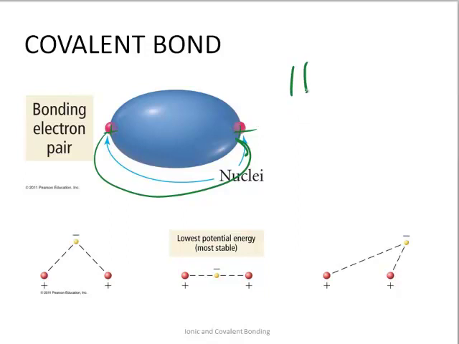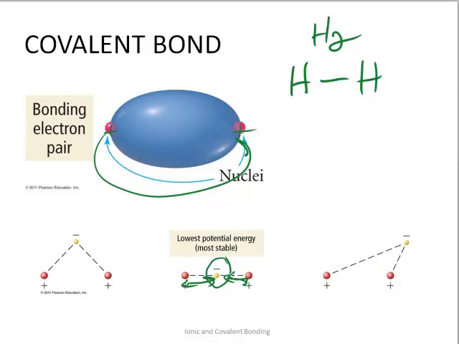So let's say this is a hydrogen molecule, H2. The 2 hydrogen nuclei would repel each other, but they have a shared electrostatic attraction for the electrons that they both share. This atom's attracted to the electrons, this atom's attracted to the electrons, and that's what keeps them together.